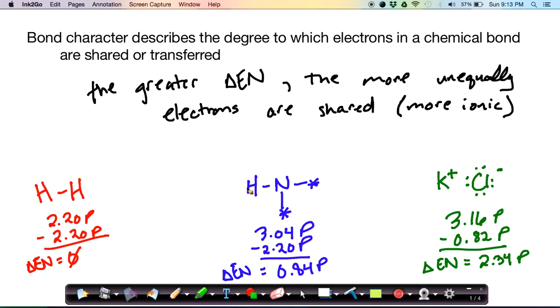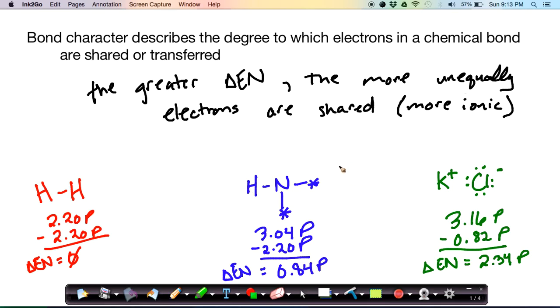Because there are similarities between bonds with similar electronegativity differences, we have categories that we use to describe the degree of equal sharing or unequal sharing of electrons in chemical bonds.